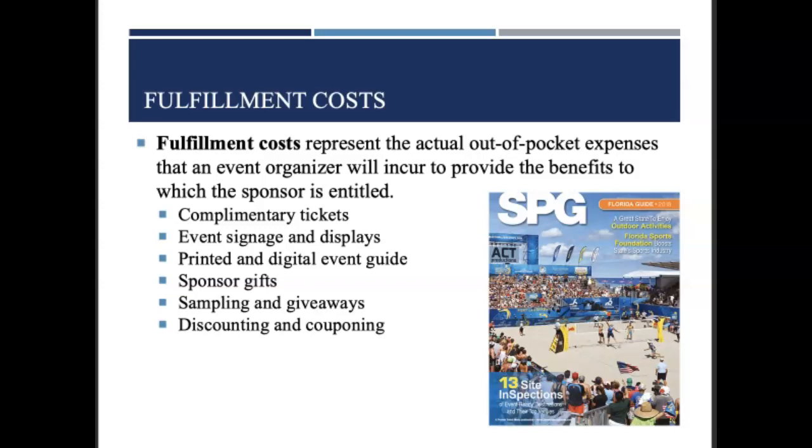So event signage and display, sometimes the sponsors will make it by themselves, but sometimes we also have to collaborate, help them to make it, right? So those are the costs. And the costs also include the print and digital event guide. So we give event program, we sell event program. Since we need to add the sponsors' information there, we have to add some extra pages to the event program, which also associates with a cost.